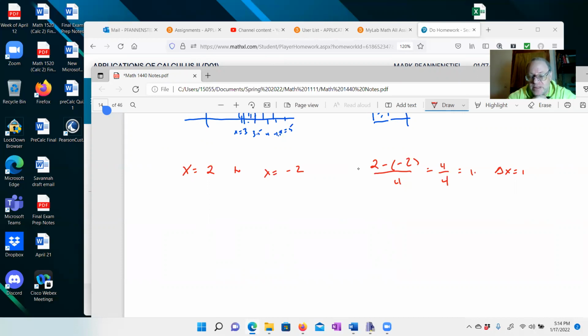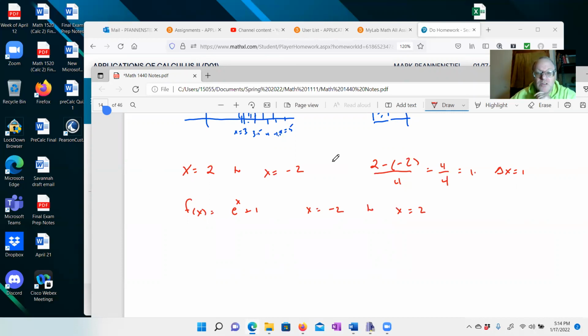Hopefully you draw a slightly different one, but this is the one I'll do. So we'll say f of x equals e to the x plus 1, going from x equals -2 to x equals 2.